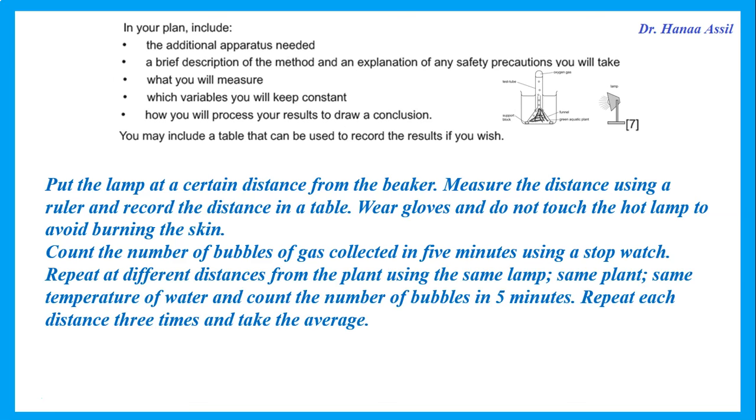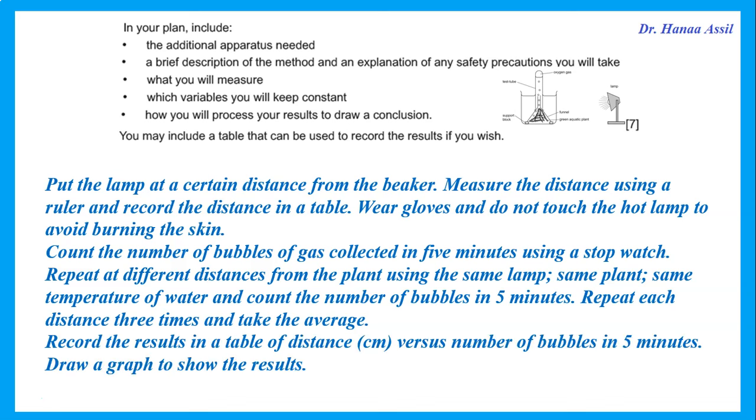And then what do we want? We want to change light intensity, so we're going to repeat at different distances from the plant using the same what? The same lamp, so that we're not changing the lamp, same plant, same temperature of water, and we're counting the number of bubbles in the same time. And then we can say repeat each distance twice or 3 times and take the average.